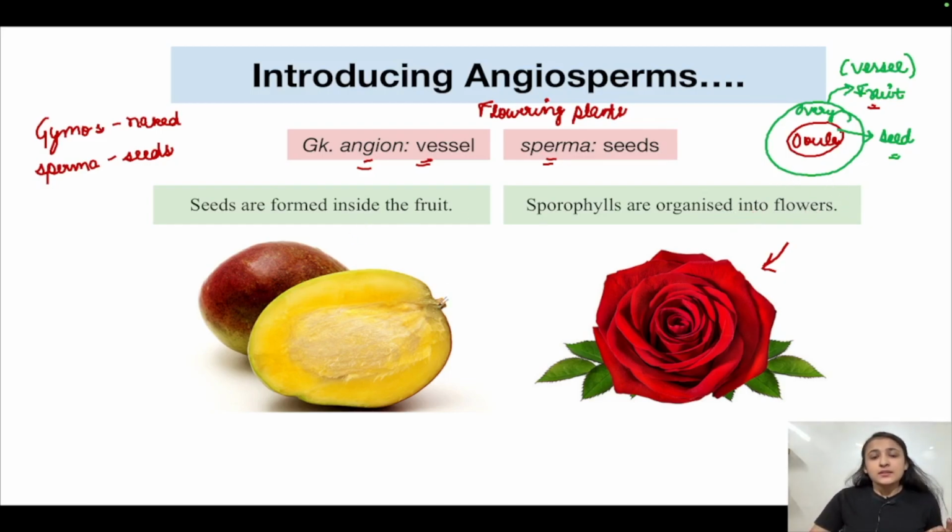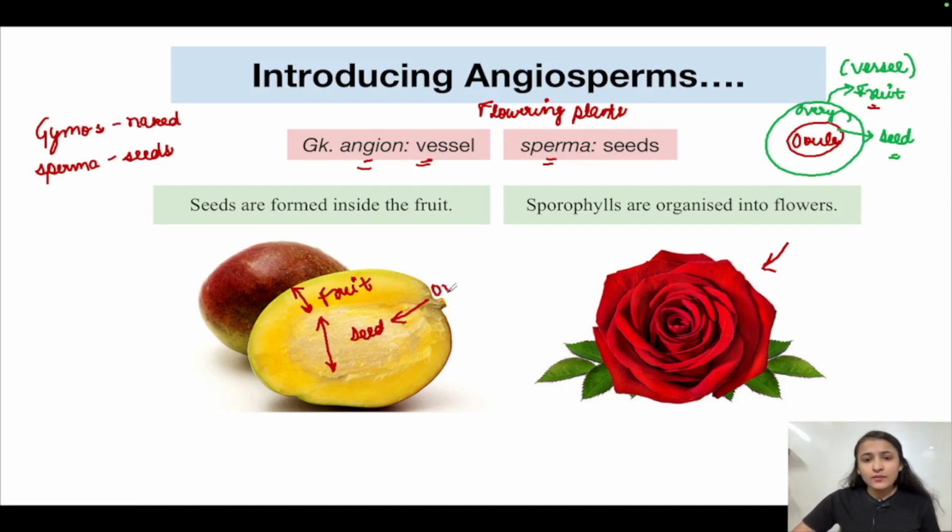As you can see, this is the image of a mango fruit. This here in the center is the seed and this is the fruit wall. How was the seed made? When the ovule post fertilization turned into seed.